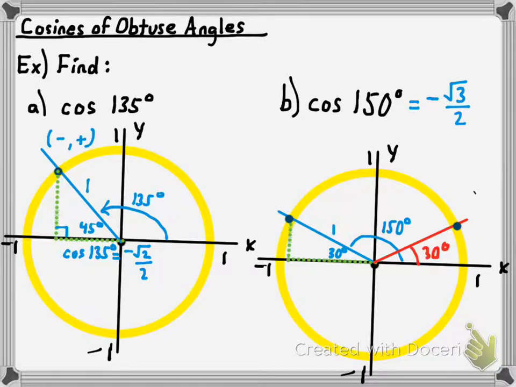You still see that these are reflections in the x-axis, in the y-axis. But when we're talking about reflecting a point in the y-axis, the x-coordinate for this point is not equal to the x-coordinate for this point. The x-coordinate for this one equals the opposite of the x-coordinate for this one, don't they? So whatever this one is a negative value, this one would be a positive value, and so forth.